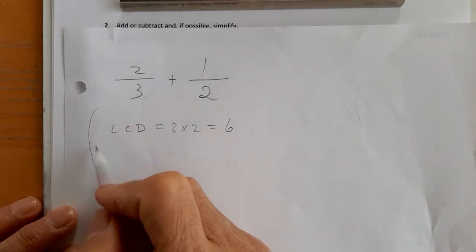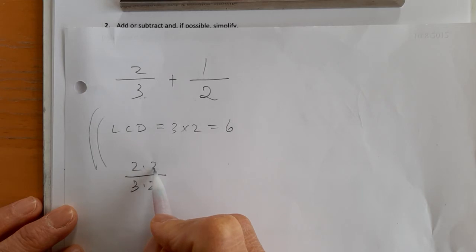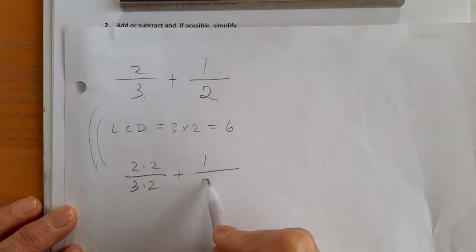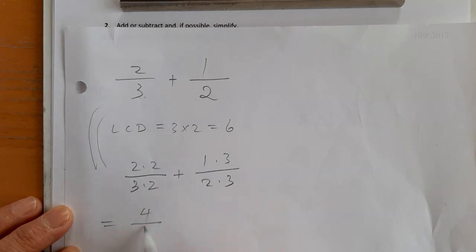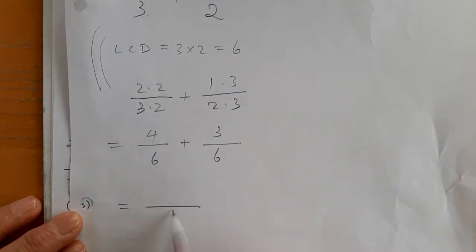So in order to get 6, the first fraction needs to be multiplied by 2 on both top and bottom, and the second fraction needs to be multiplied by 3 on both sides. Then they have the same denominator. When they have the same denominator, you can add the numerators. So 4 plus 3 is 7 over 6.